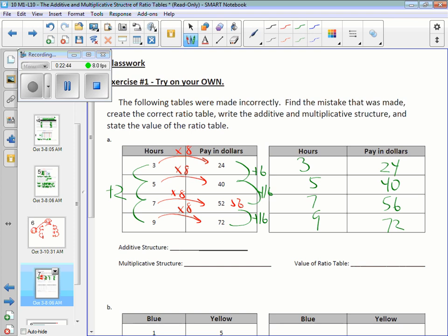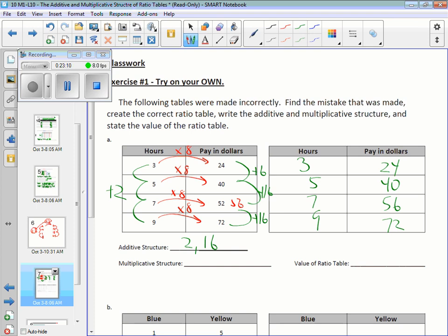To get caught up, what's the additive structure? I'm kind of hoping to see more hands. If you know it, raise your hand. That way I know. Chris, what's the additive structure? Plus 2, plus 16. Yes. 2 and 16. You don't even have to put the plus sign.